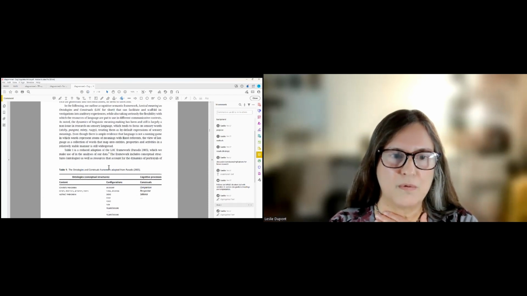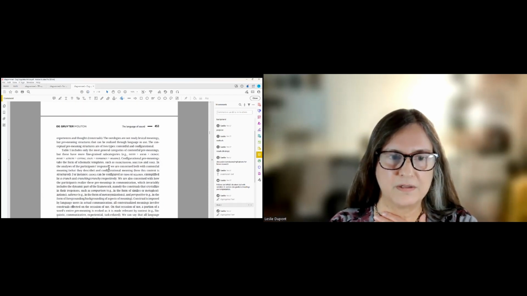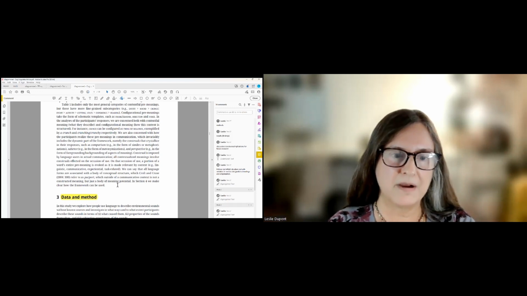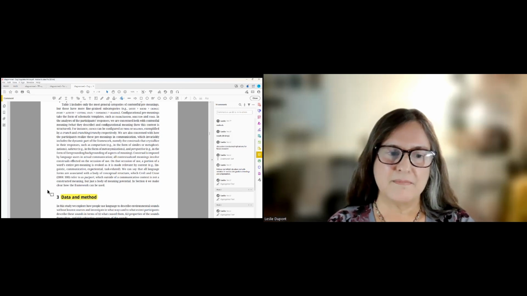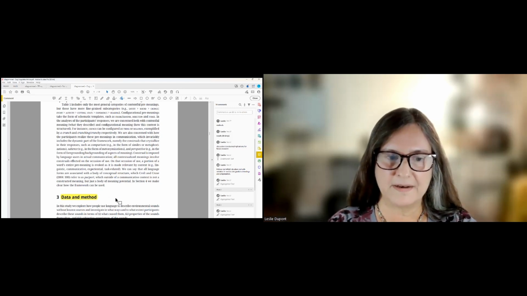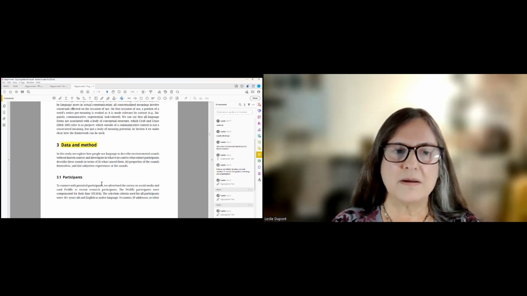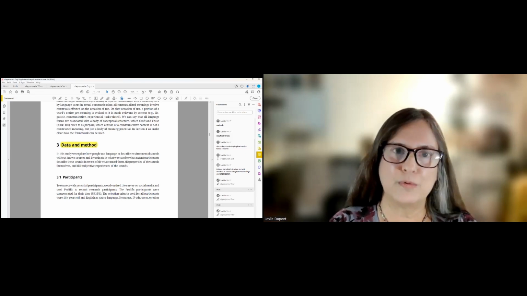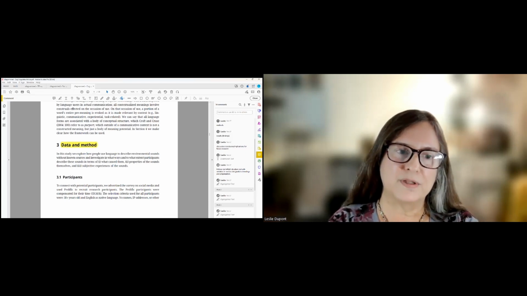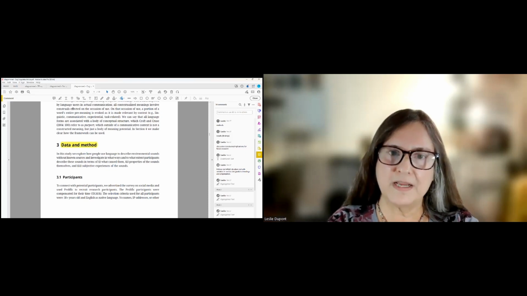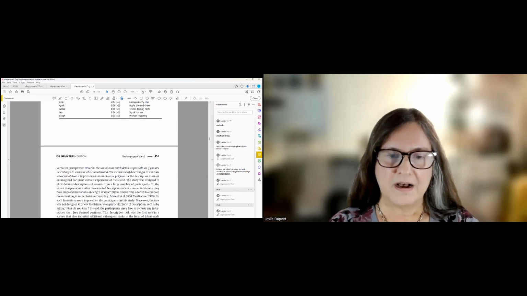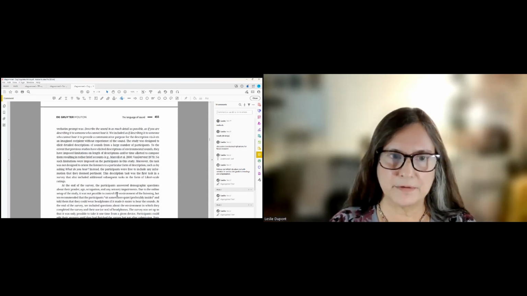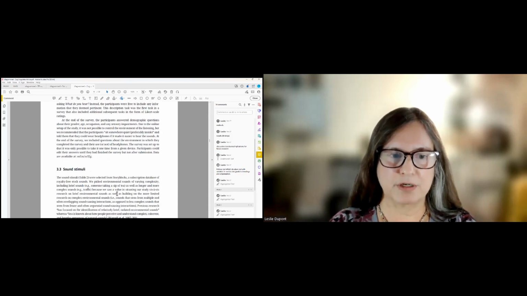So after going through this fairly lengthy introduction and background, we get to the M of IMRAD, the methods, and they call it data and method. So they're going to talk about how, who they worked with, their sample group, how they collected information, what that information was, and so forth. All of the things that are in a more standard IMRAD structure.